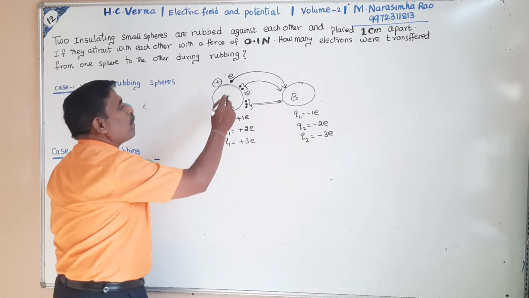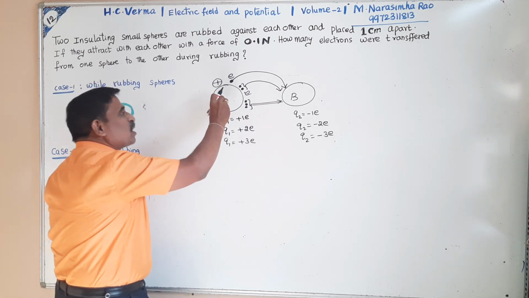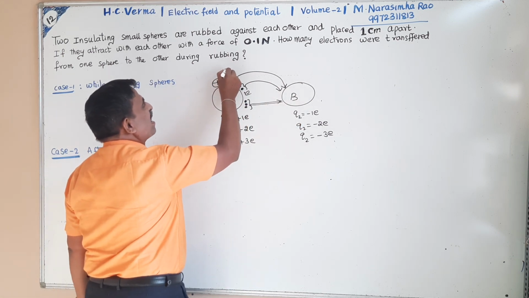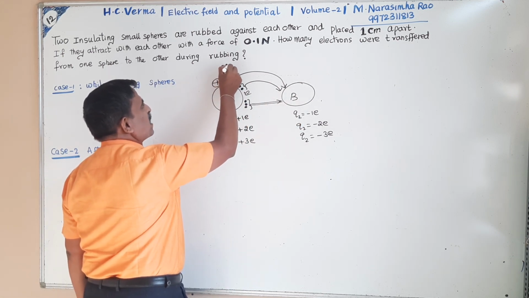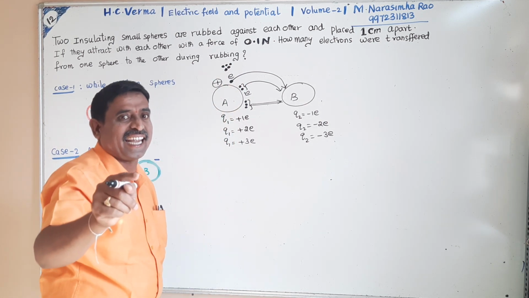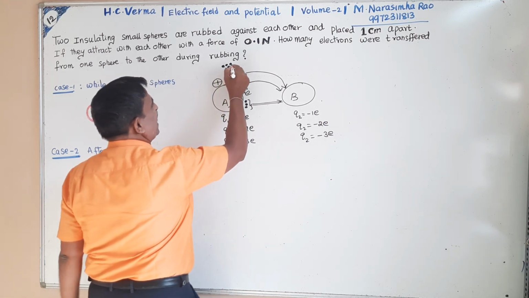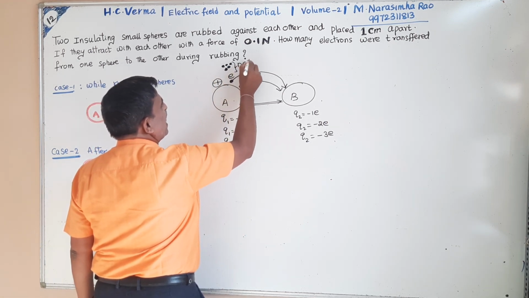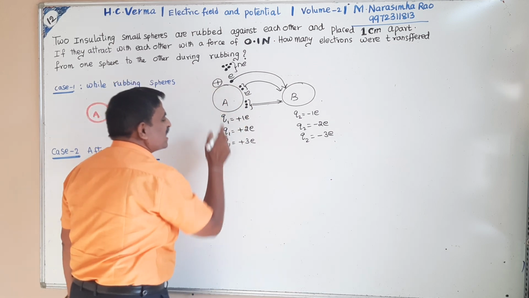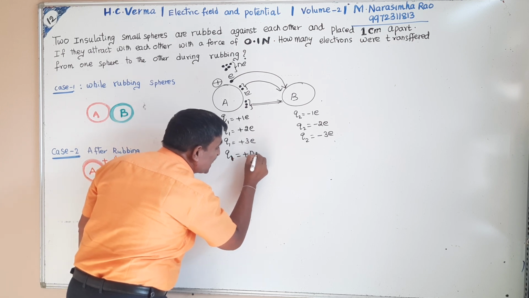Similarly, now suppose after rubbing due to the friction, it is losing n electrons. N electrons are transferred. Each electron charge is e. 2 electrons, charge 2e. N electrons, charge ne. It is losing n electrons, so its charge becomes plus ne.